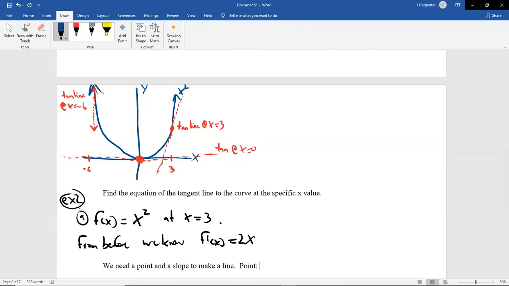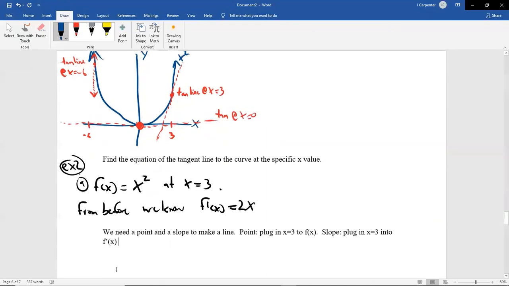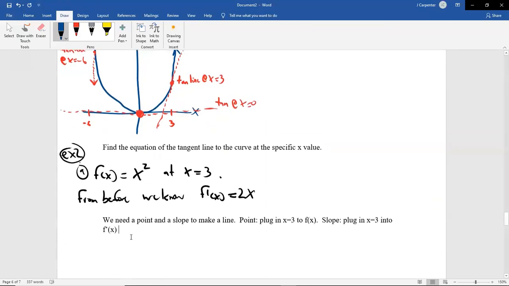The point, you just plug in x equals 3 to f of x. For the slope, you plug x equals 3 into f prime of x. You're going to plug the 3 into the function to find its y value. Then you plug the 3 into the derivative to find its slope. And yes, we already know that, but it's super short, so I'll show you the work.